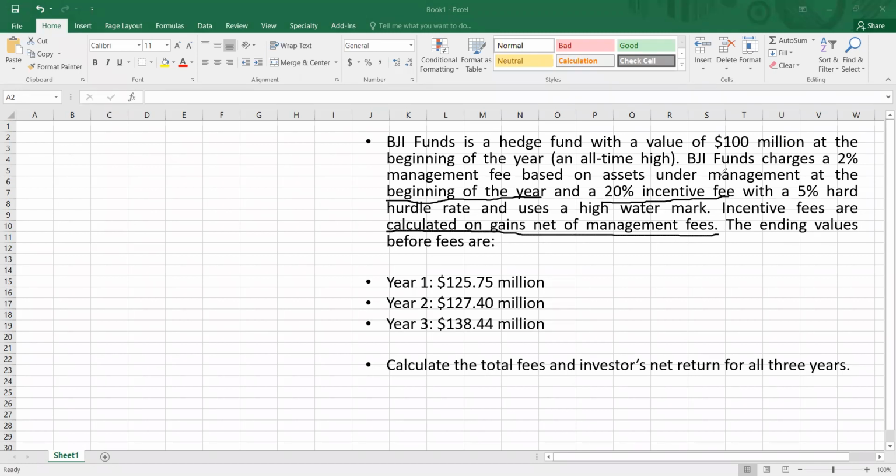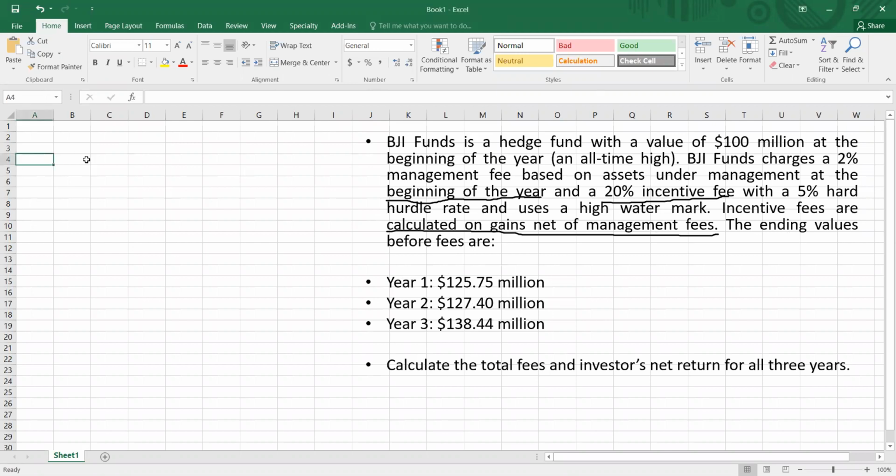The ending value before the fees, the ending value of year 1 is 125, year 2 127, and year 3 138. So there are some values given here, but there are some conditions that you should take into consideration without ignoring. Okay, now let us do it.